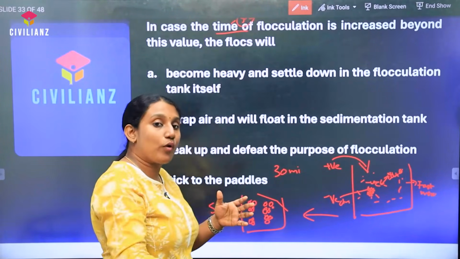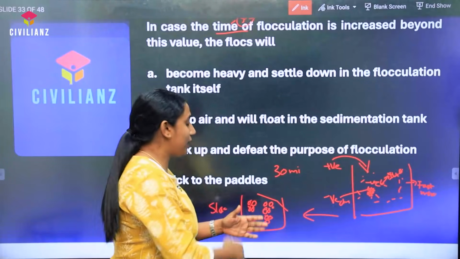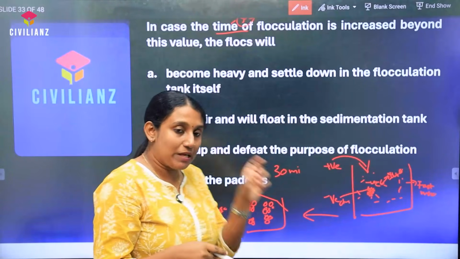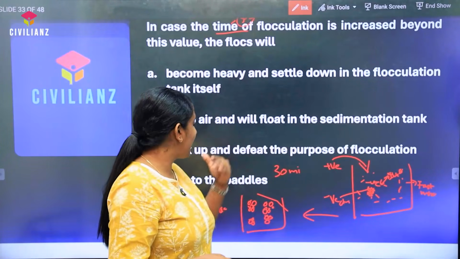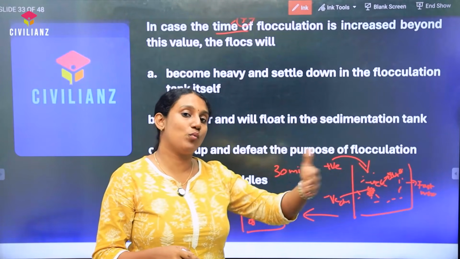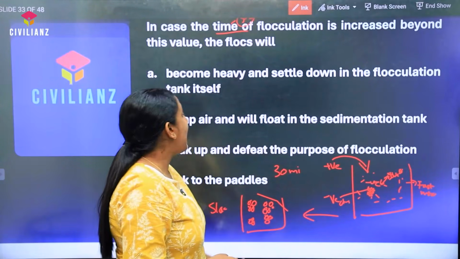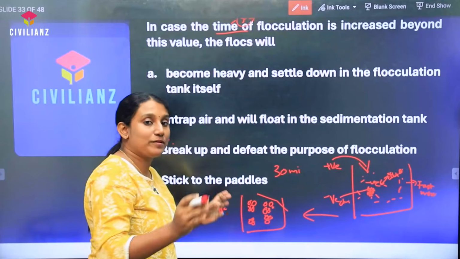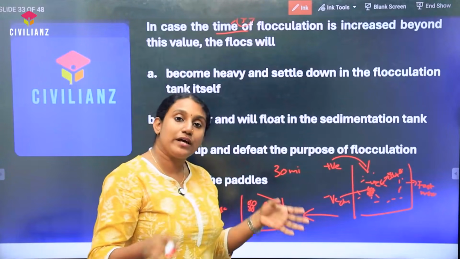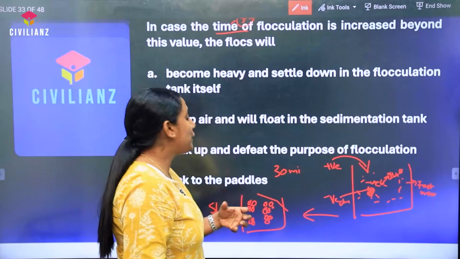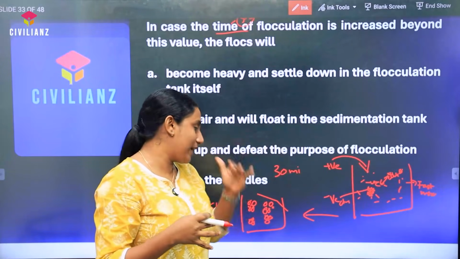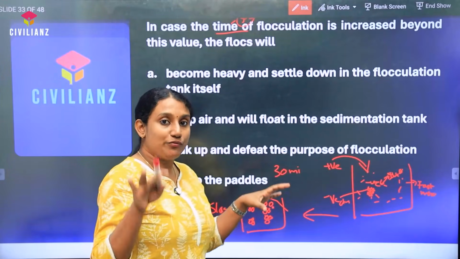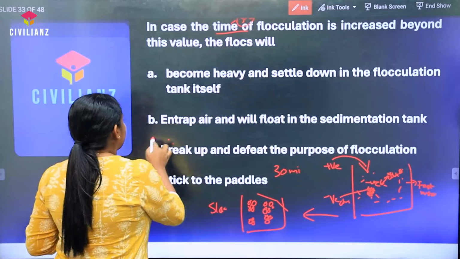We choose 30 minutes for flocculation, but if we continue for 1 hour, 2 hours, the flocks break up and defeat the purpose of flocculation. The purpose of flocculation has failed; they try to break up and separate, reaching the initial stage. So option C is the correct answer.